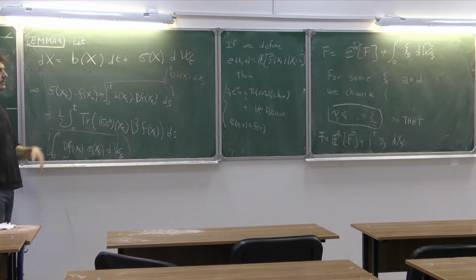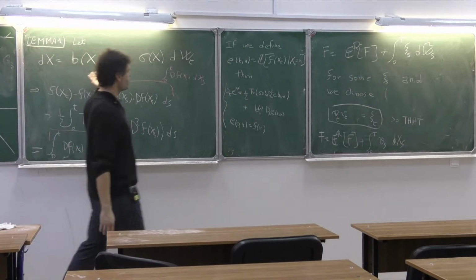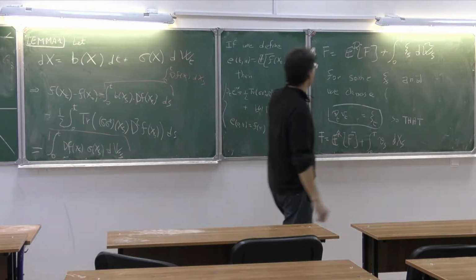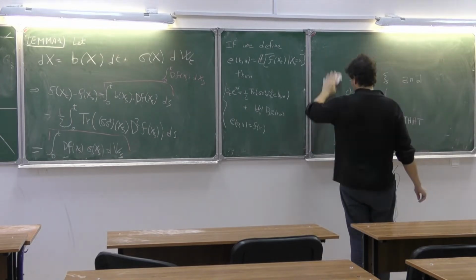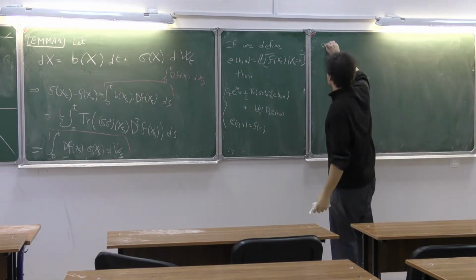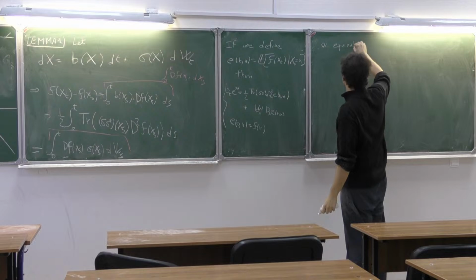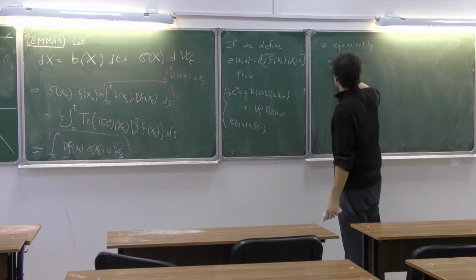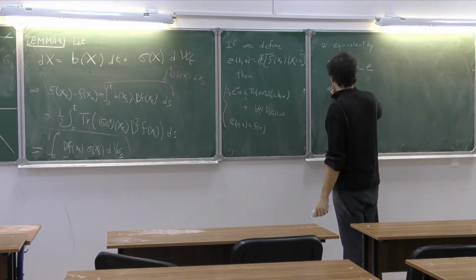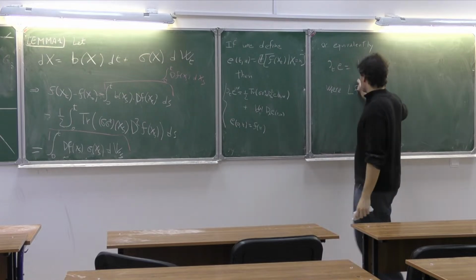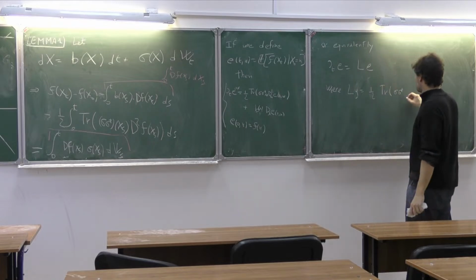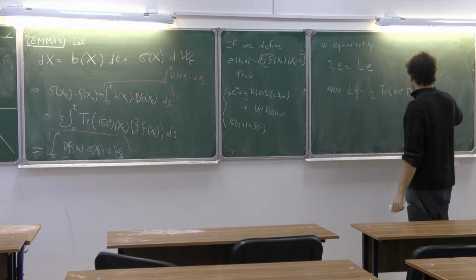It's just the fact that the generator of X is this operator. Or equivalently, dtE is the operator L applied to E, where L is the operator that on some function G is just 1/2 the trace of sigma adjoint d2G plus b dG.